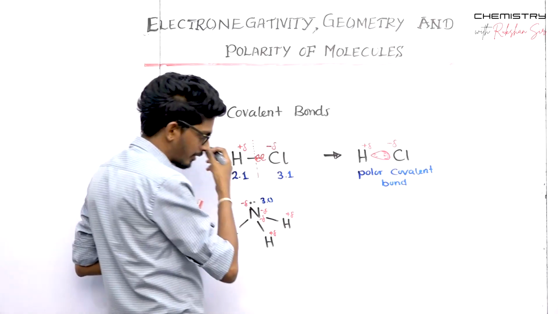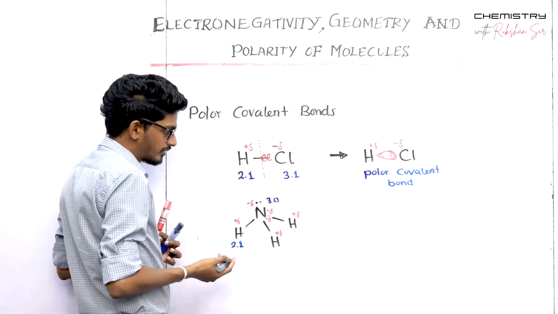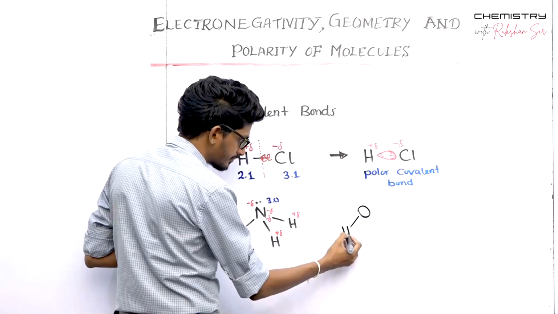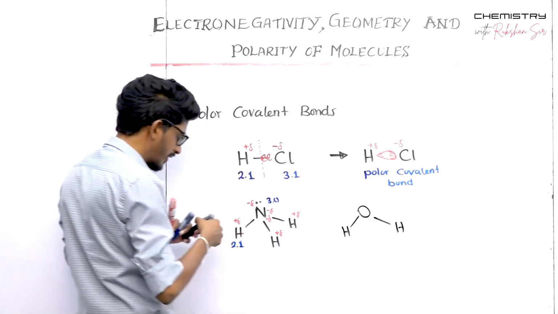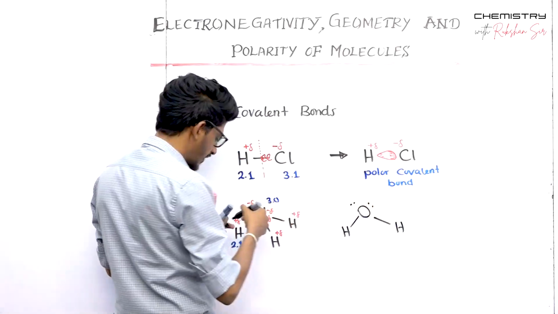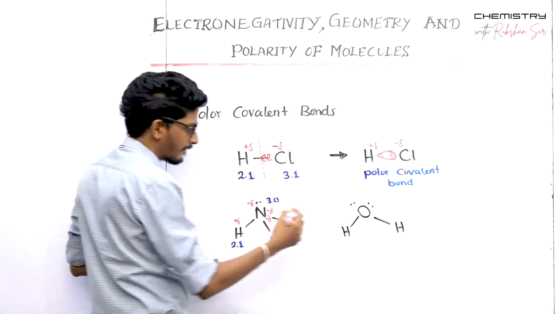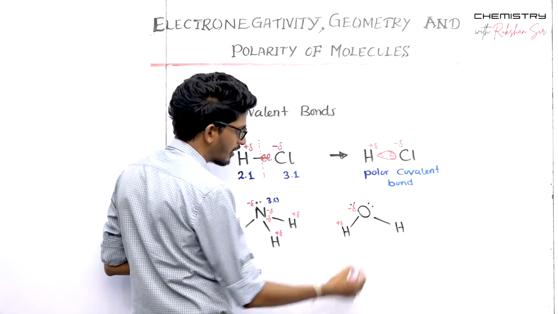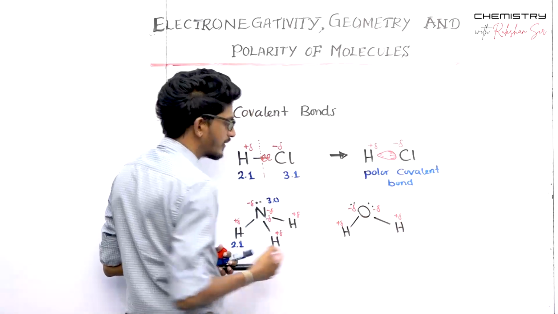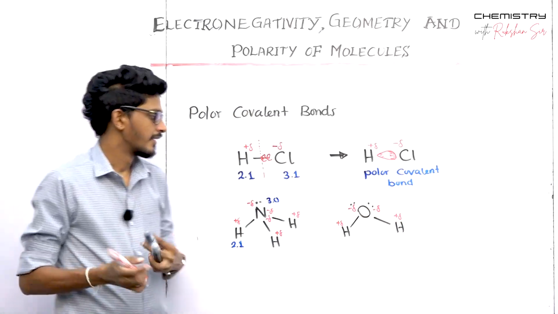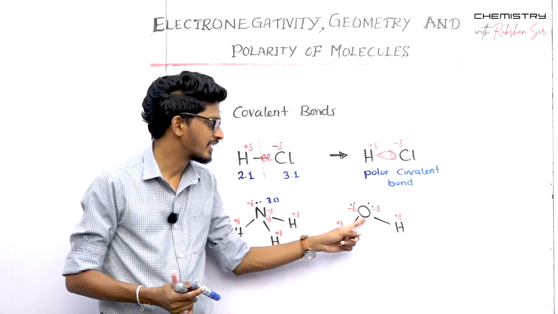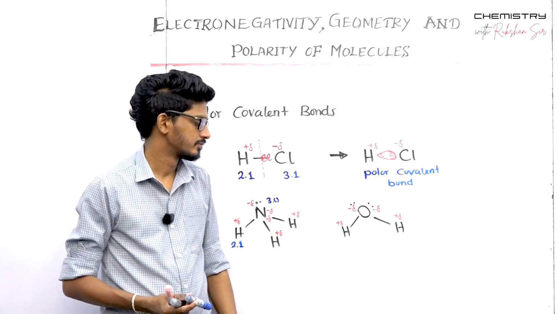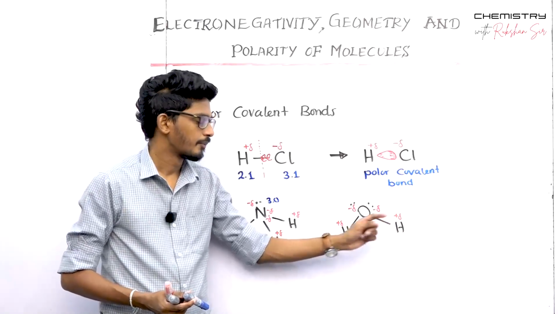So we refer to the polarity of bonds with these delta signs. Let's take a look at another molecule like H2O. The bonded electrons are heavily attracted towards the oxygen, so the polarity is negative delta for oxygen and positive delta for hydrogen. So basically, when denoting polar covalent bonds, the relatively electronegative atom gets a negative delta, while the electropositive atom gets a positive delta.